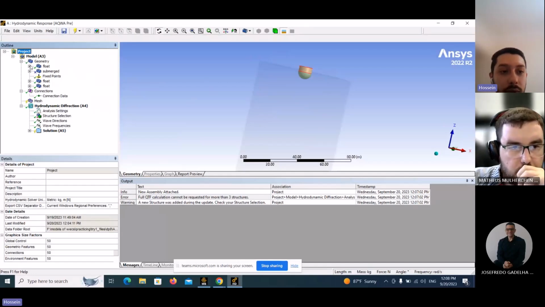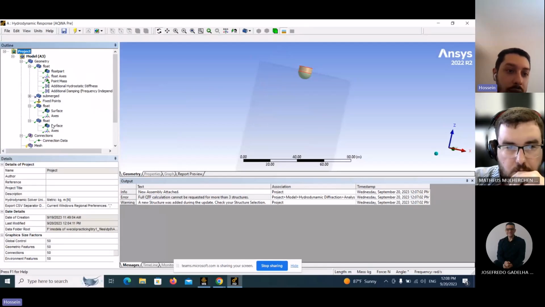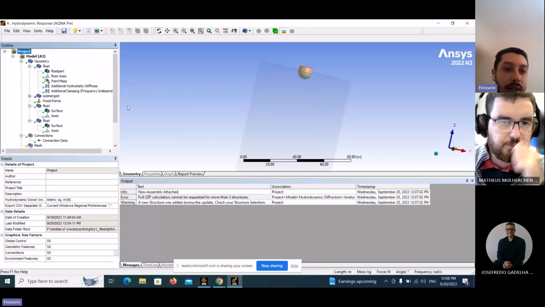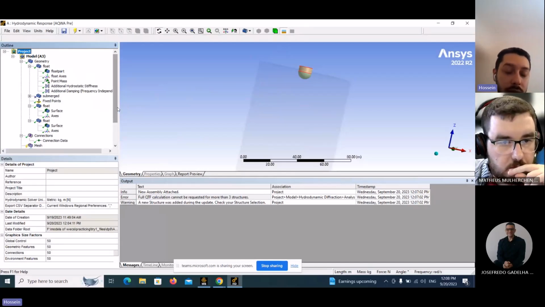But we have to assign one point mass just for the float part, and we have three float parts here, one for each surface. So we can't define one point mass for our structure. Here we can see the differences when you don't put the share topology on share, and when you put it on share.